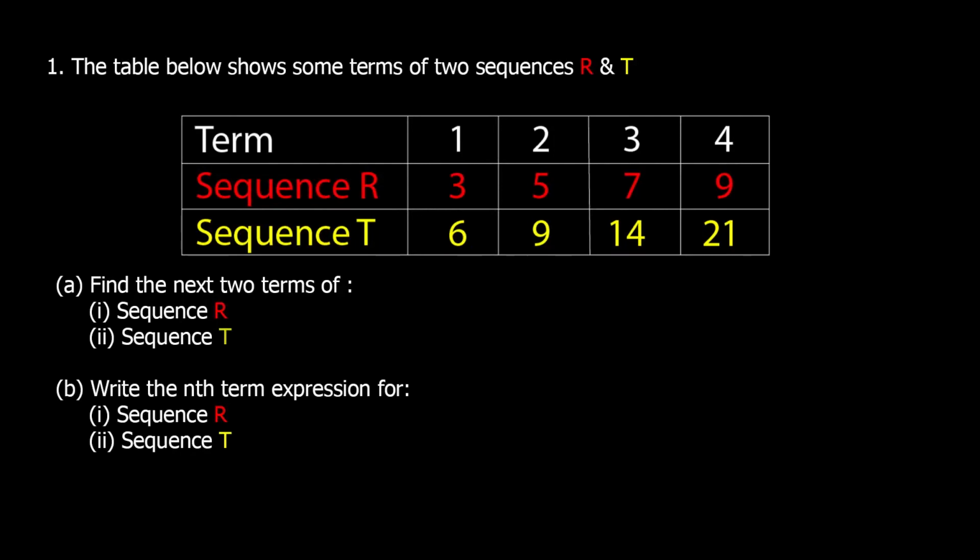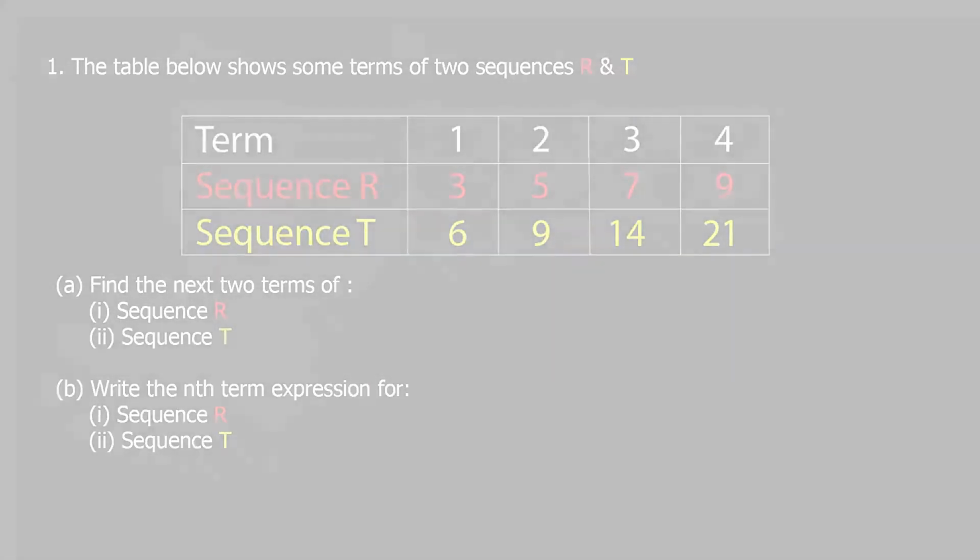Roman figure number 2, we are supposed to find the next two terms of sequence T. So with sequence T, we have 6, 9, 14, and 21. What is required of us is to find the next two terms.